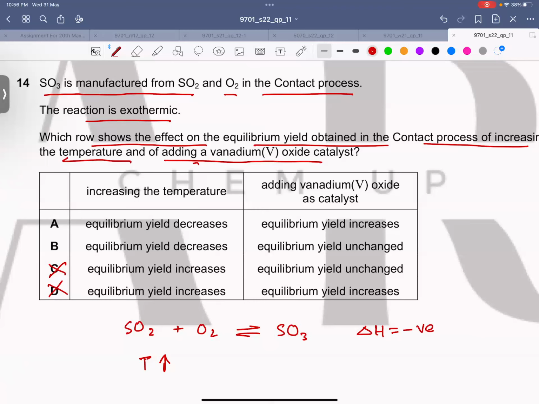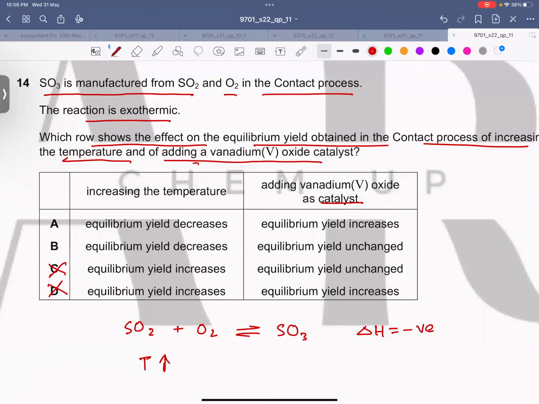Adding vanadium as a catalyst. So when we add vanadium as a catalyst, do catalysts change the position of the equilibrium? Yes, or just increase the rate?